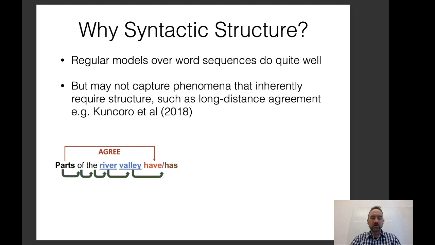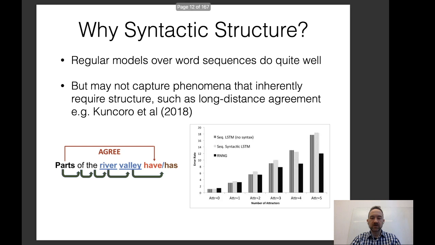So in order to manage this, we need to see that "parts" of the river valley corresponds to "parts" and corresponds to this verb. So we would need to have a plural conjugation here. But regular sequence-based models might have a problem with this because there are a couple of singular nouns that intervene. And you can see that indeed this is the case.